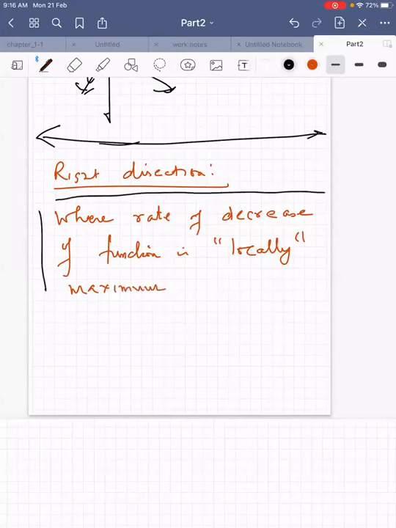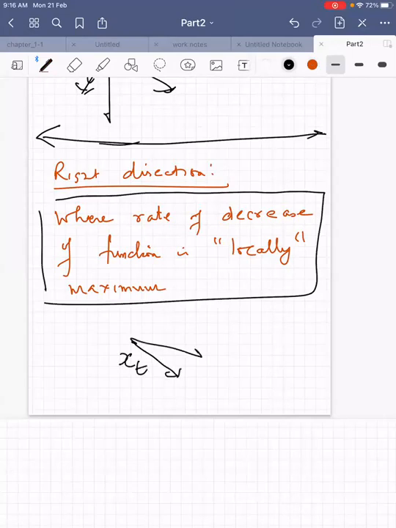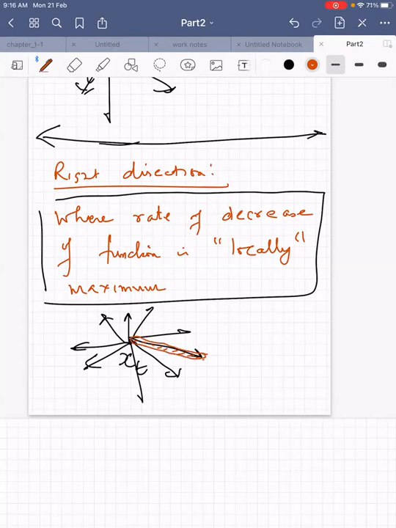So I am at xt. I am at this point xt. I can go here, I can go here, I can go anywhere, right? I can go any of these possible directions. So the answer is that I'll pick that direction. Maybe this is the direction. I'll pick that direction where at that point xt, the rate of decrease of function is locally maximum.